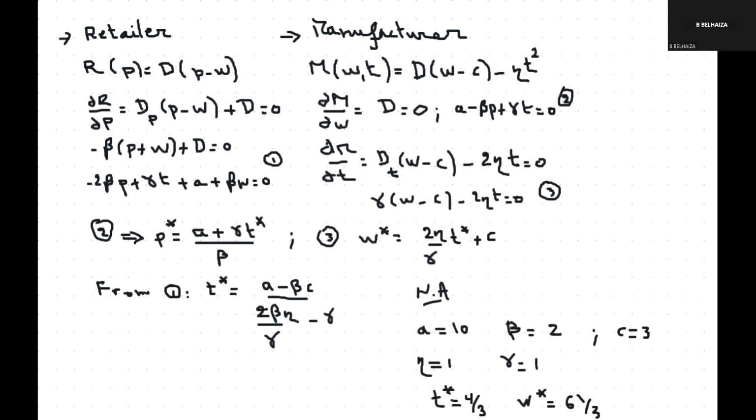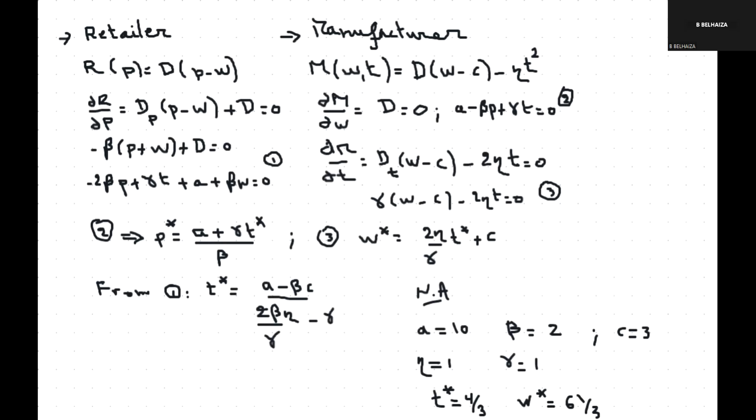So from the left side, if we differentiate with respect to P, we have the derivative of the retailer's profit with respect to P. We get the differential of the demand with respect to P times P minus W plus D. That's a simple product rule, which needs to be equal to 0. This is to satisfy the first order conditions.